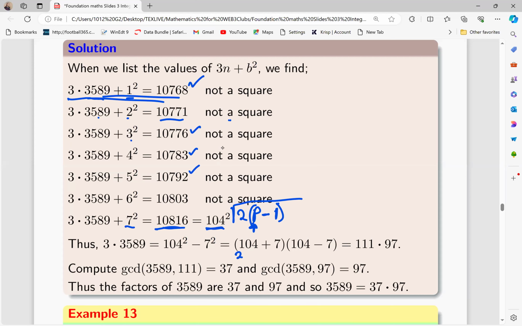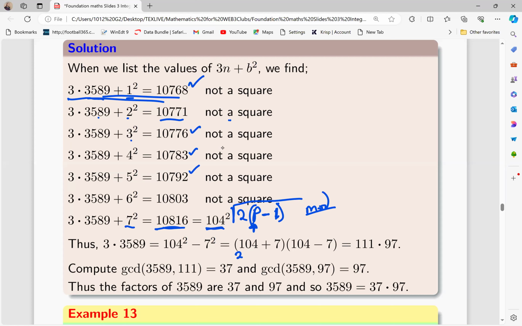Now, even if this one changes to 2 instead of 1, if you subtract again and do it mod something, again, this will not be a perfect square.